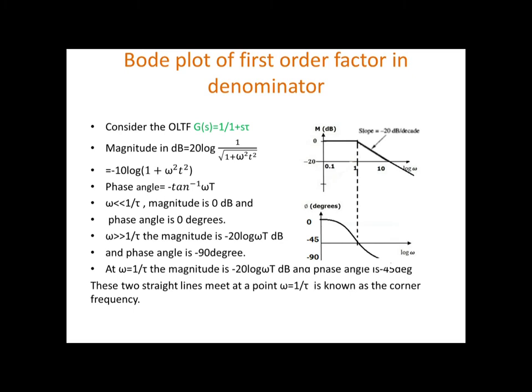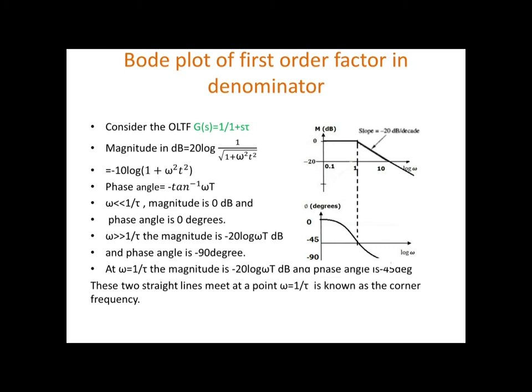Those plots are not exact, especially near the corner frequencies, and the exact plots can be obtained by making the necessary corrections near the corner frequencies. So what I have drawn here is the approximate curve. This is the bode plot of a first order factor in the denominator.